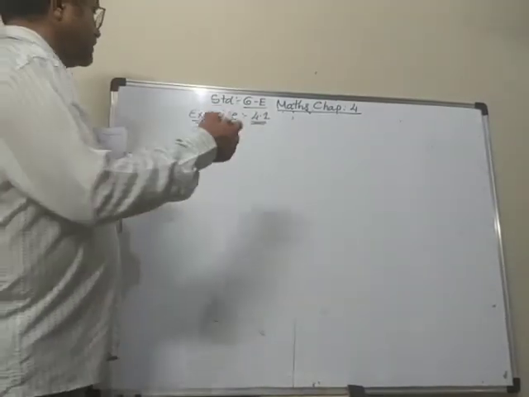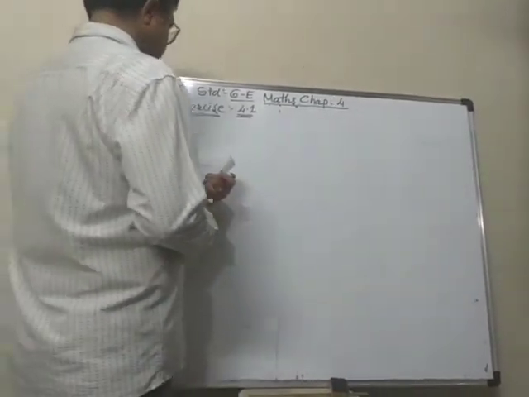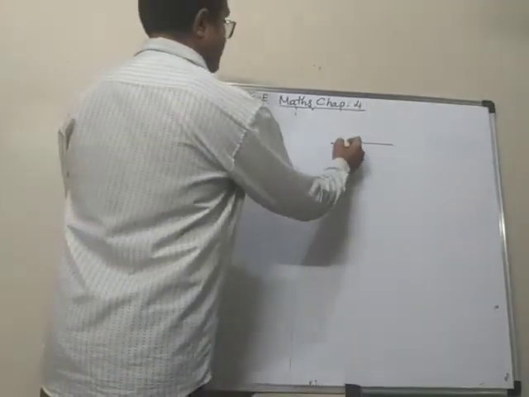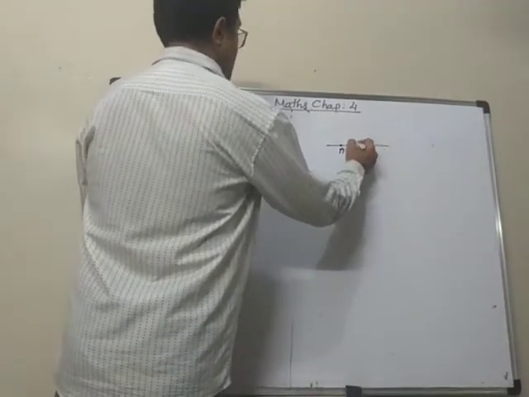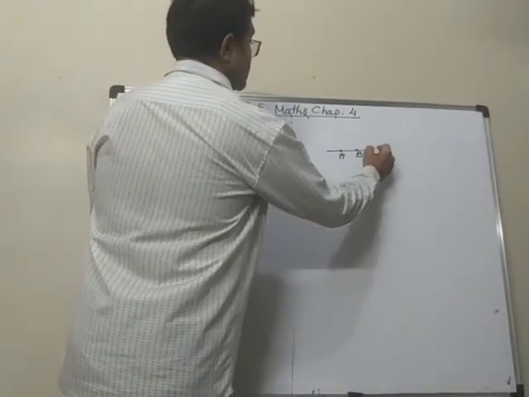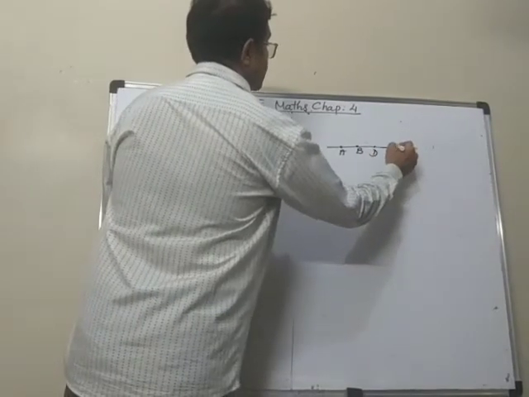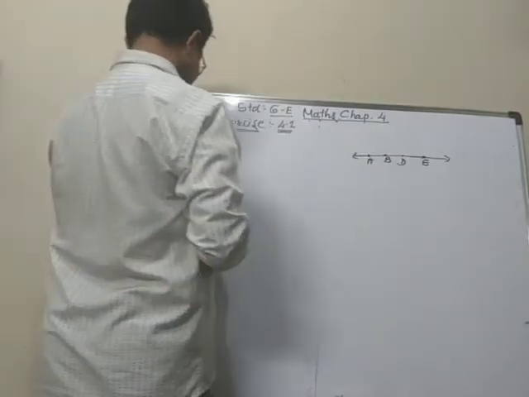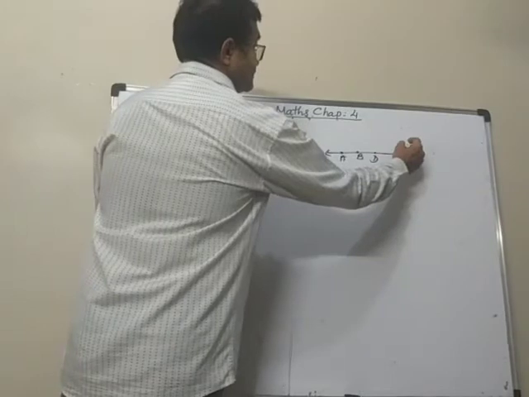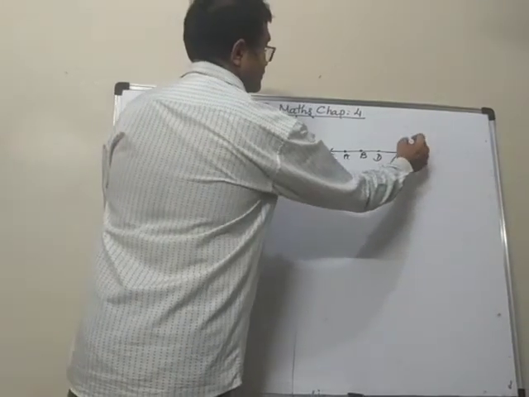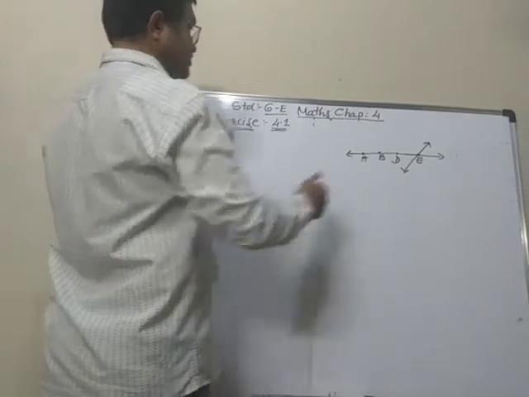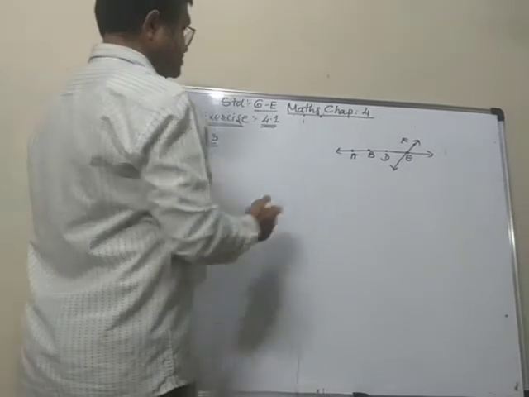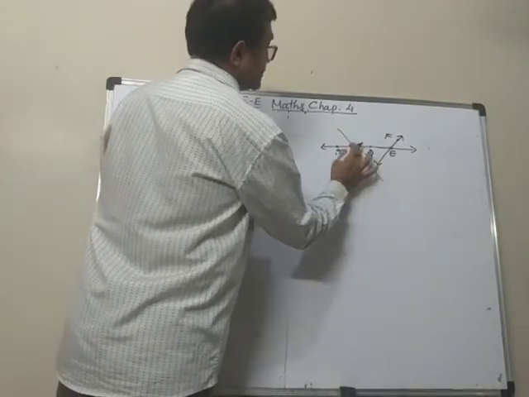Number 3. That also has a figure given. The figure is like this. Points A, B, D and E are on this line. Then from E and on that there is point F here, and another line is passing through point B here.